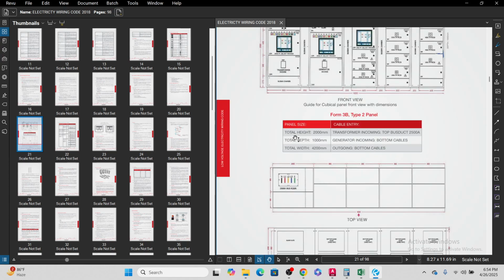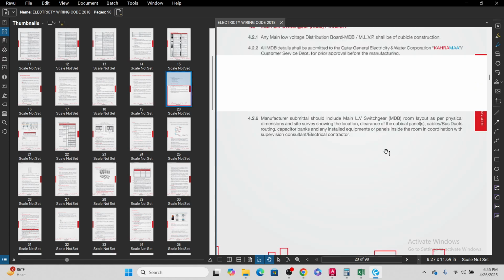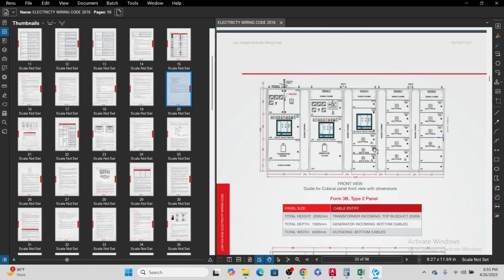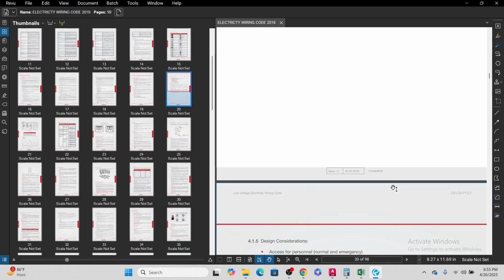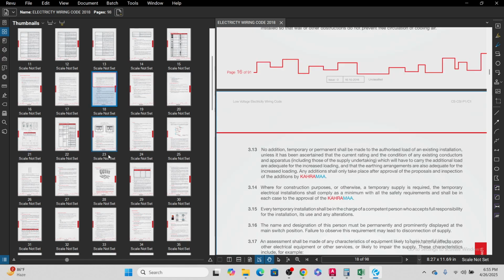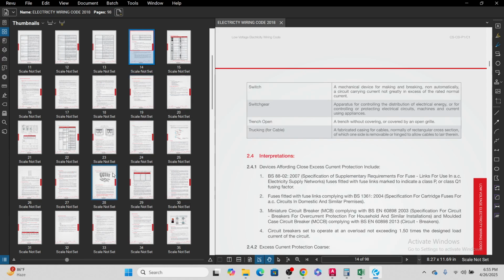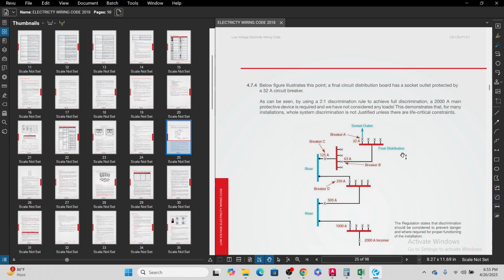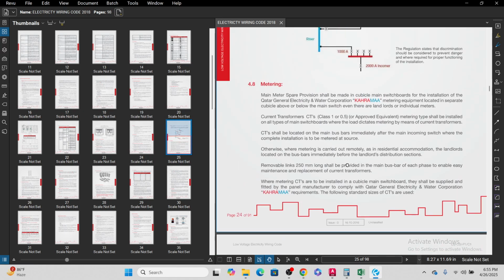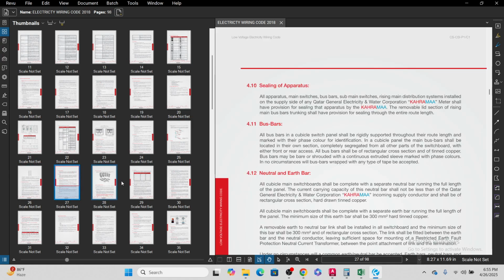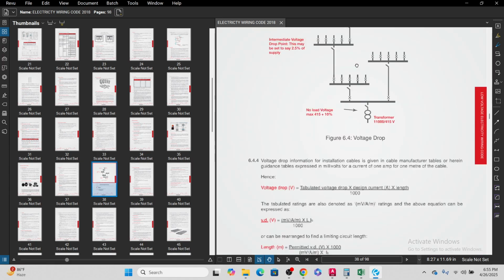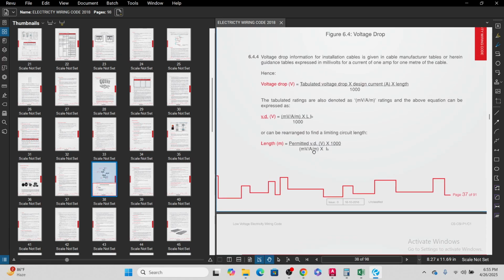The transformer I told you, this is the transformer incoming top bus stack, 2500 ampere. They have put 2500 ampere. There's another transformer, 1800. This is the MV panel front view. Actually, they also call this one switchgear. It will come as a cubicle panel. So read the total Kahramaa regulation if you want to be a good designer or a good draftsman, whatever you want to be. Now my problem: where is this calculation I want to show you? Okay, this is the amperage calculation. This is the voltage drop calculation.